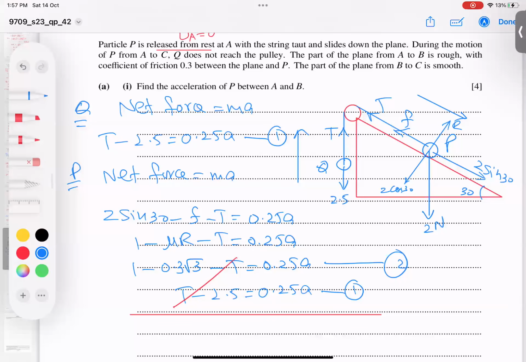All right, I typed with this one. One minute, let me recheck, because if so, 1 minus 0.3 times 2 root 3 and minus 2.5. Okay. And what is going on? One minute.